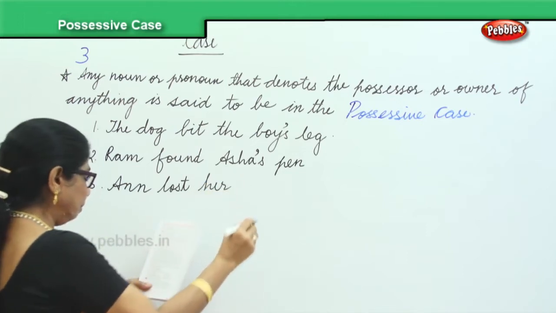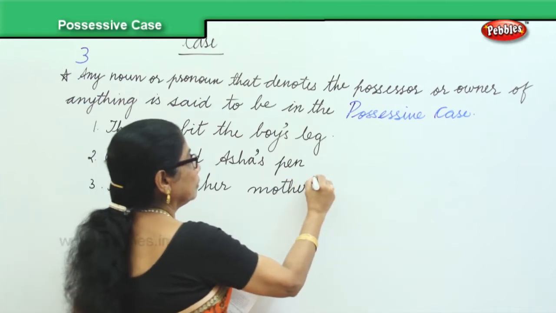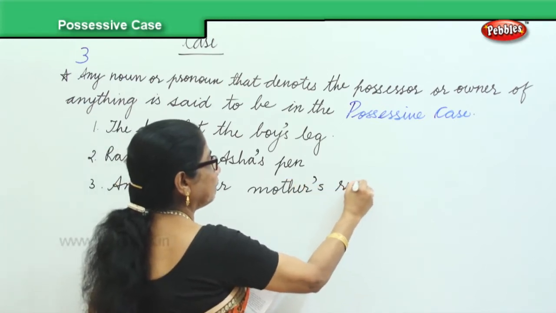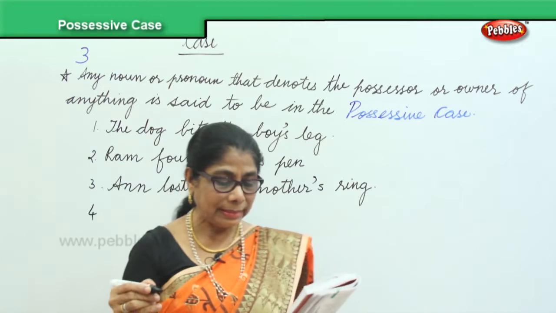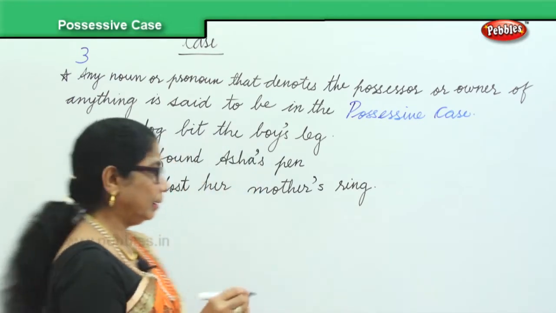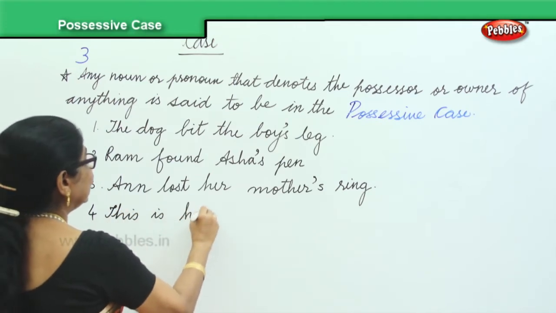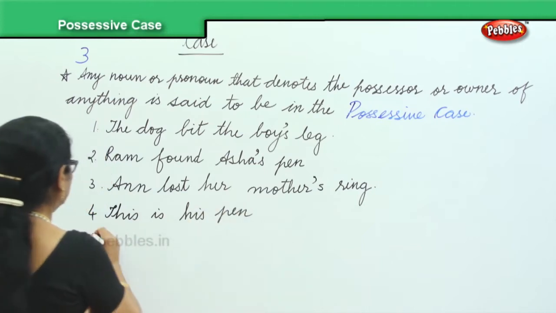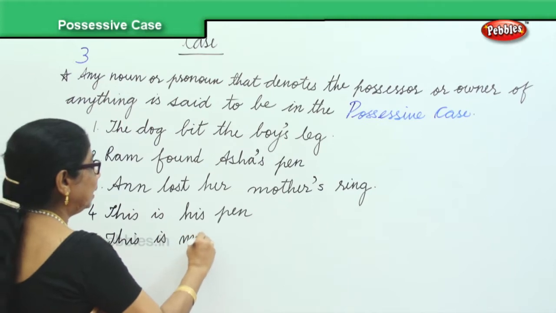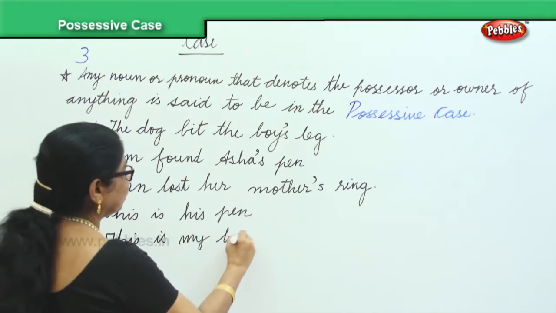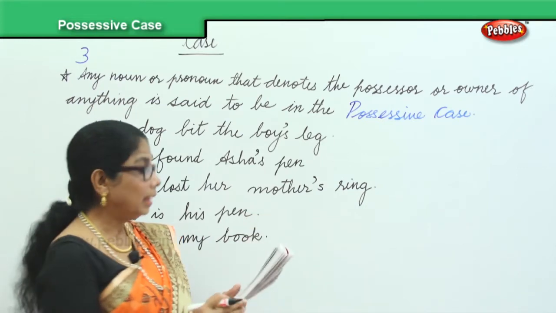Mother's ring. This is his pen. This is my book. My book. Okay, now let's look at all this.